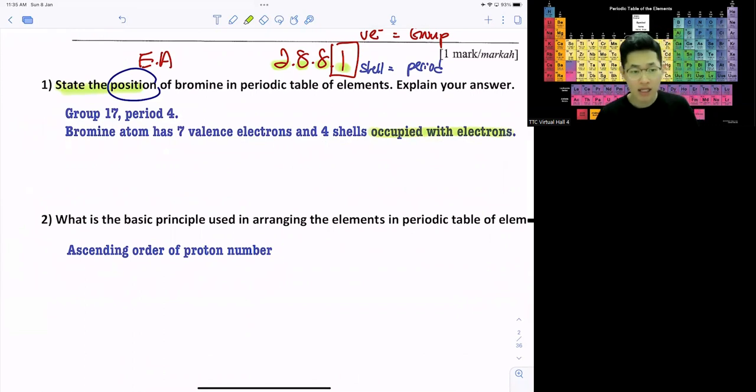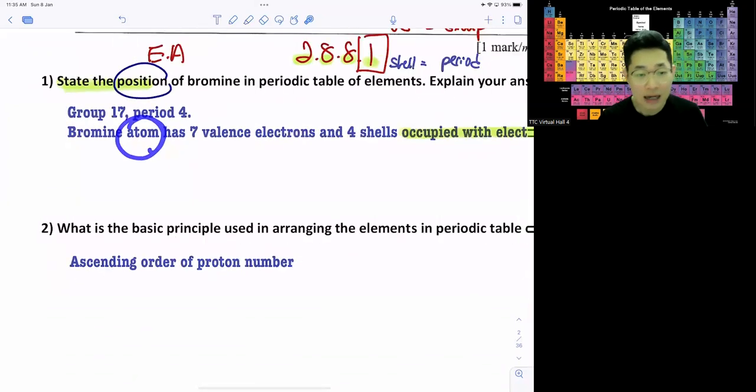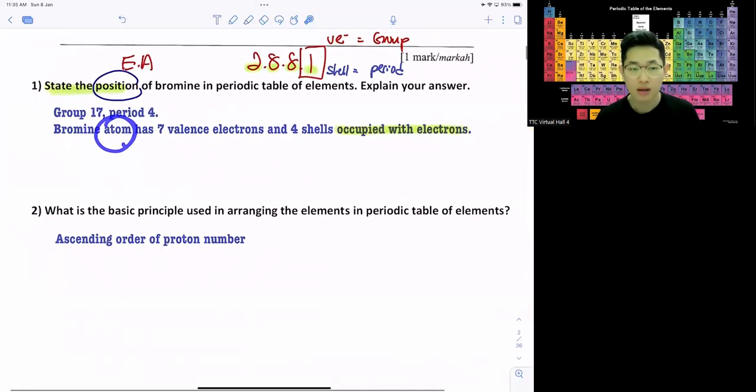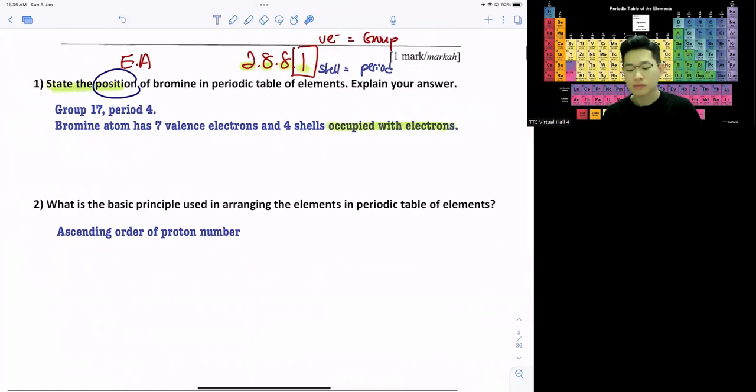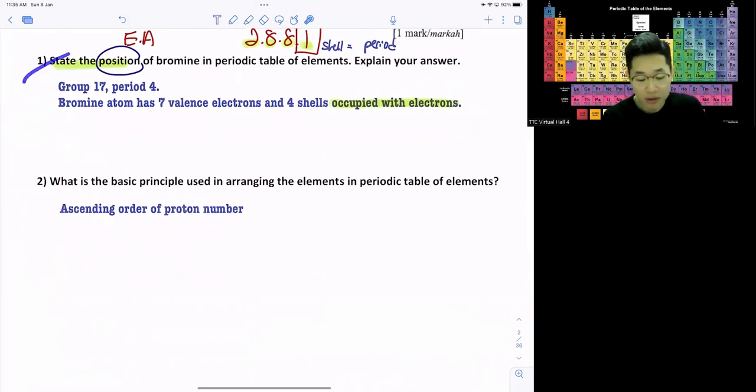And then one more thing, when you are giving explanation, especially for the periodic table, you must write the term. Okay, bromine atom has 7 valence electron because all these electrons are found in the atom. So you must write atom. So important, this one.